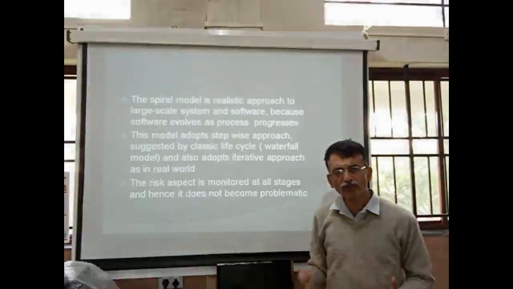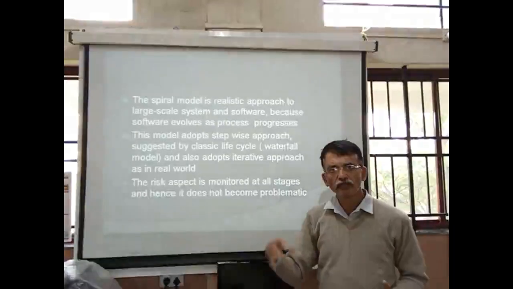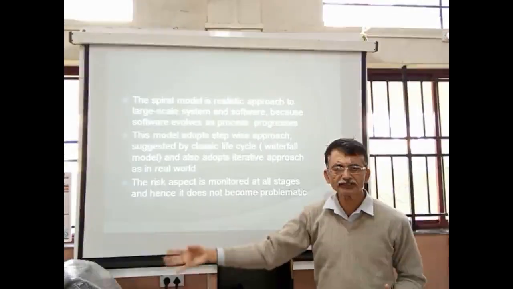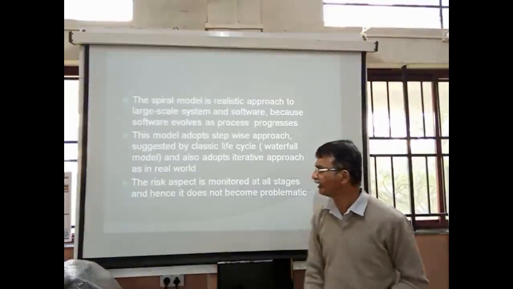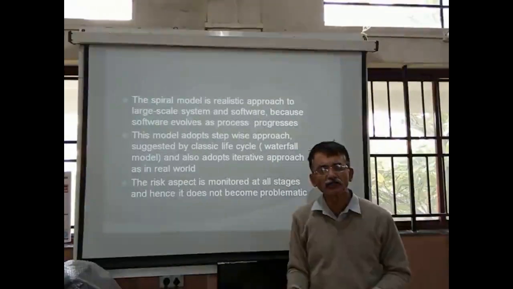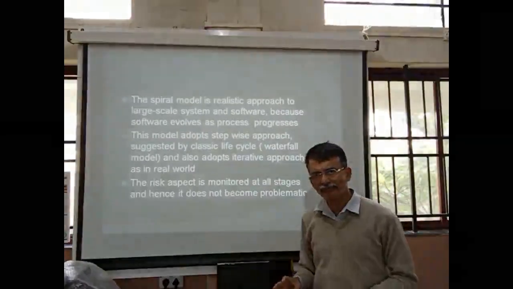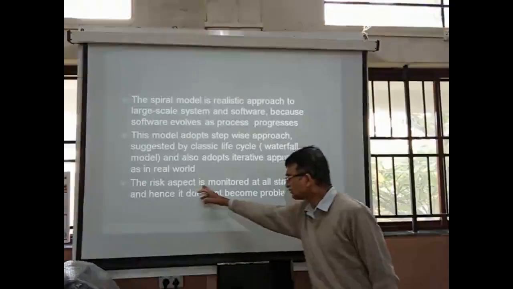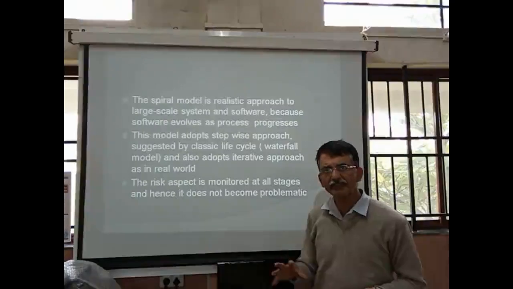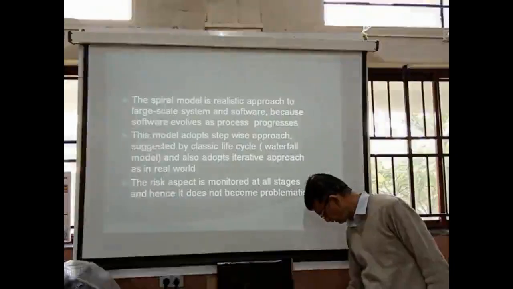That is, in case of the waterfall model, after the communication phase, we have the planning phase, then the modeling phase, then the construction phase, and then deployment. Also, it adopts the iterative approach as in the real world. So it also takes the concept of prototyping. The risk aspect is monitored at all stages and hence problems may not occur. At every stage we calculate the risk in this spiral model.